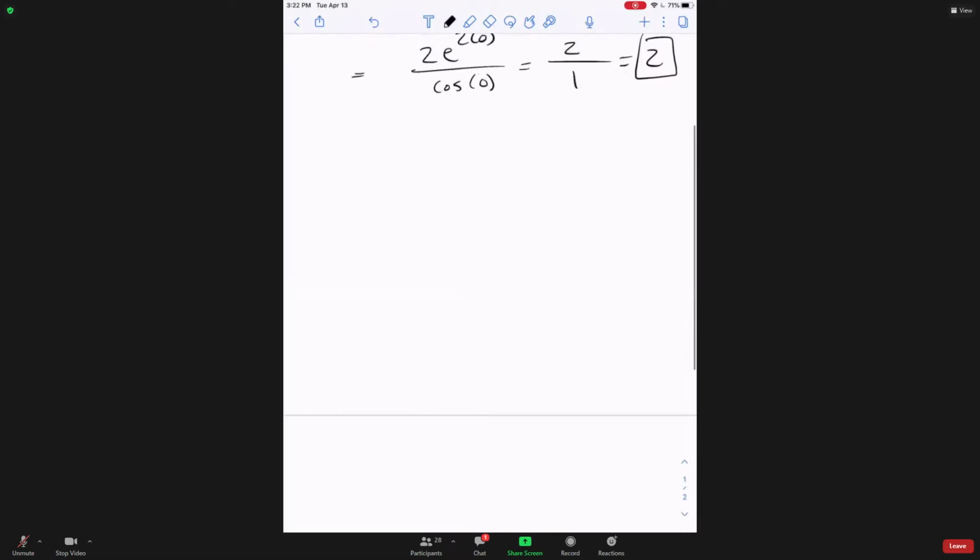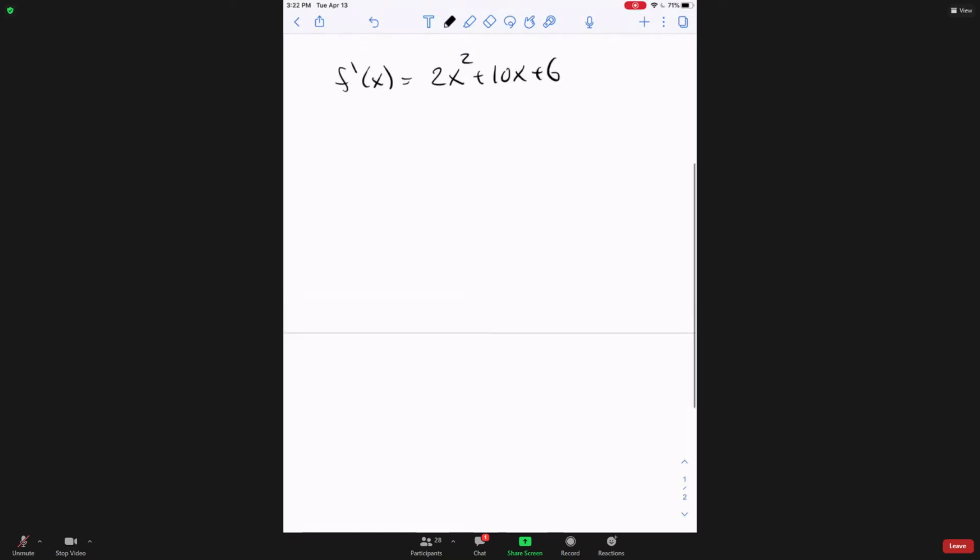Okay. So when you're trying to find the critical number, let's say you have a polynomial, and I'm just making this up. After you take the derivative, let's say you get something along the lines of 2x squared plus 10x plus 6. That's one scenario, and I'm going to show you how to set that equal to 0 and solve.